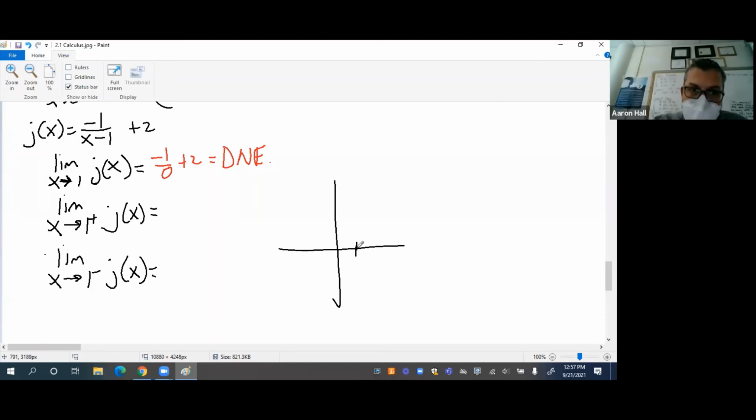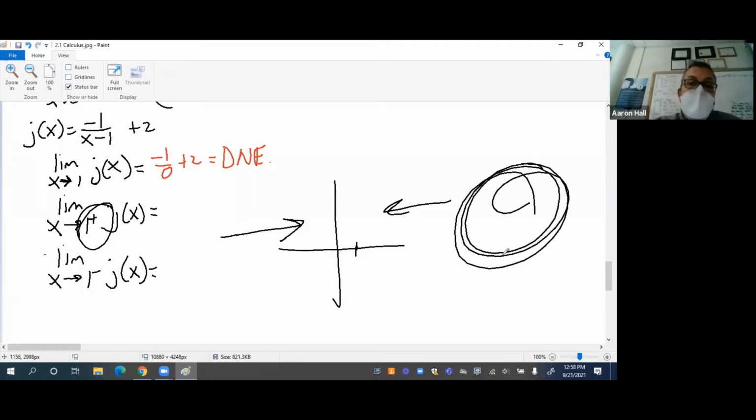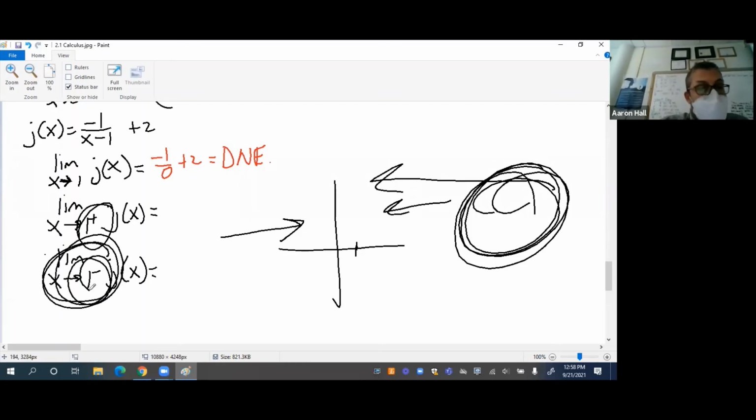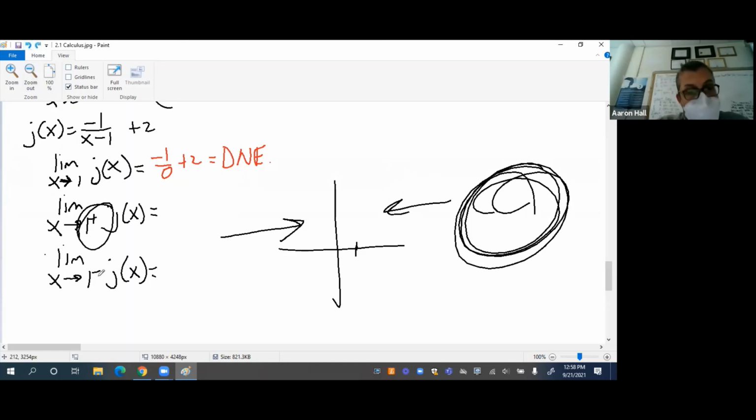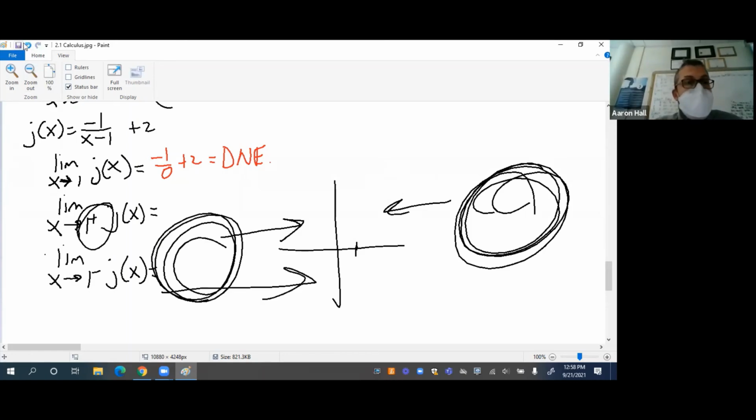Which way am I approaching from here? I'm starting over here on the positive side and I'm going left. And this one, from the left, from the negative side over here, to the right. Does that make sense, how to read this?